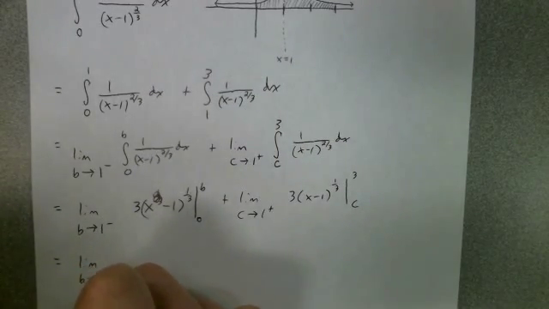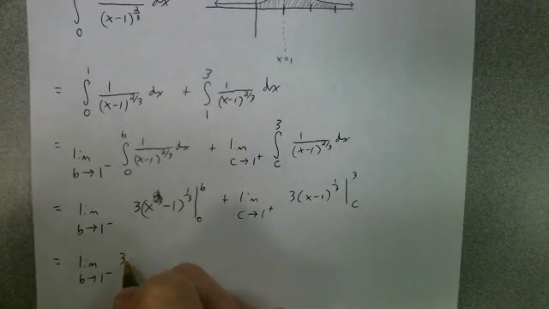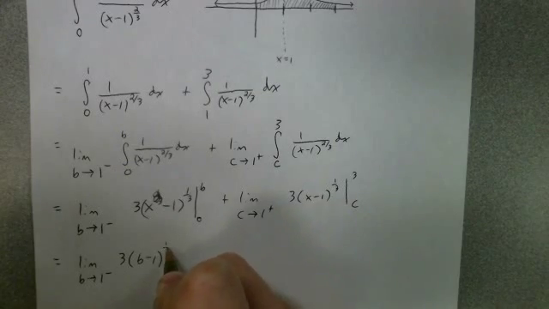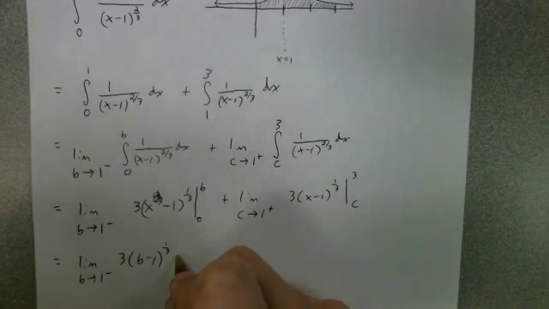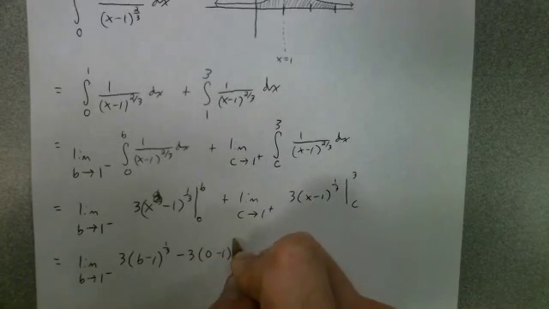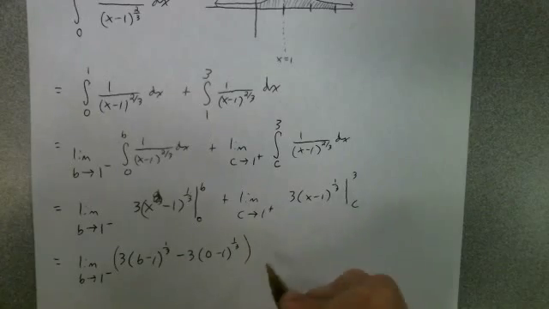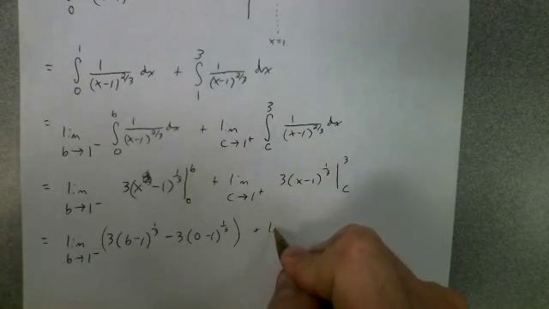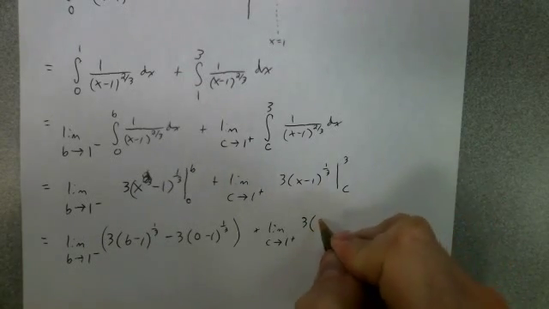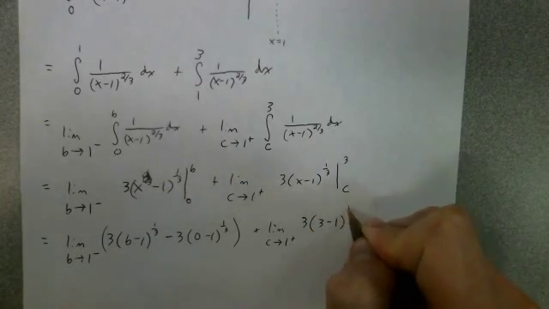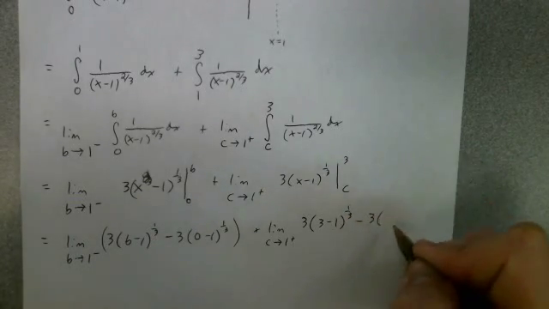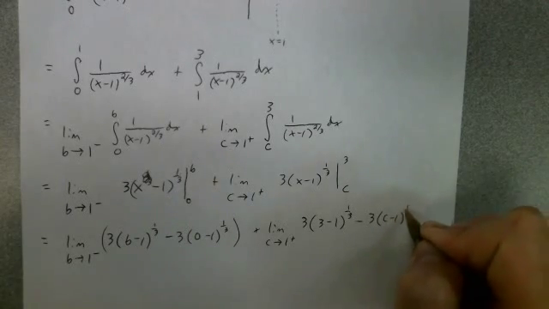So here we have 3 times (b minus 1) to the 1/3, and we remember the 1/3 power is the same thing as the cube root, minus 3 times (0 minus 1) to the 1/3 power, plus the limit as c goes to 1 from the right of 3 times (3 minus 1) to the 1/3 power, in other words the cube root, minus 3 times (c minus 1) to the 1/3 power.